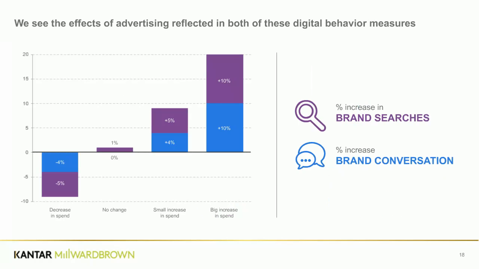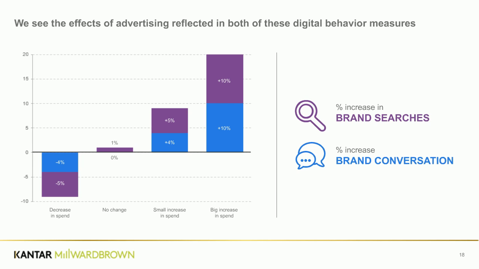So we set up a large R&D study where we looked at hundreds of different campaigns across lots of different categories that we had data on, and looked at which digital signals we saw responding to advertising, and whether they responded in the ways that we were expecting. And I guess the nice thing for the rest of this webinar, otherwise it would be quite short, is that yes, they did.